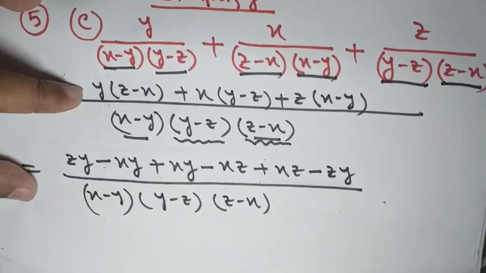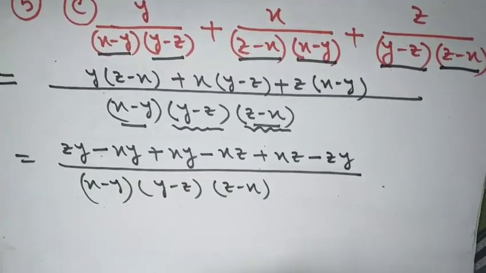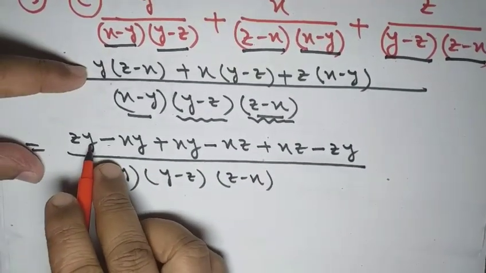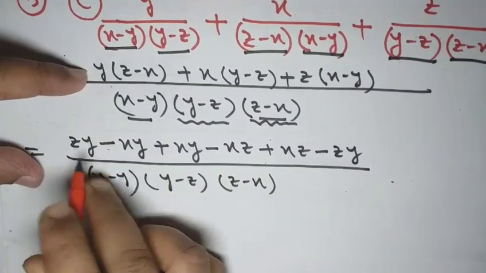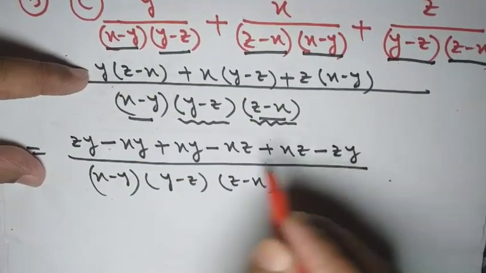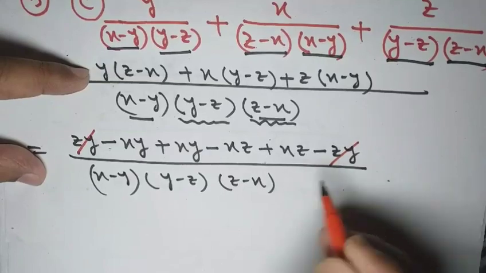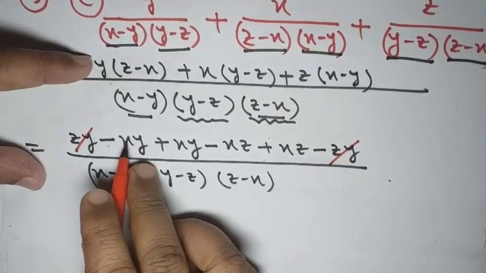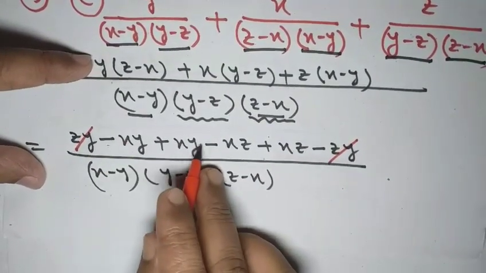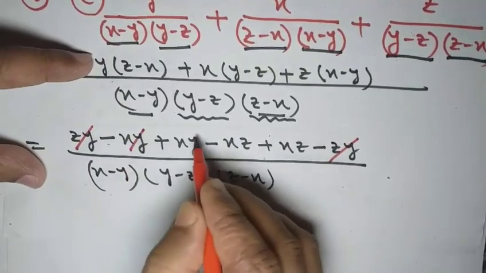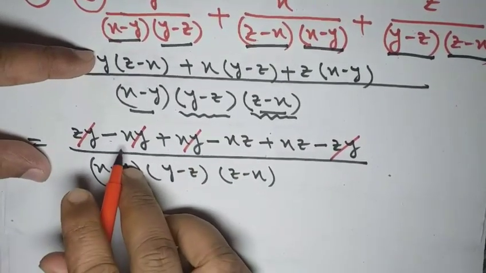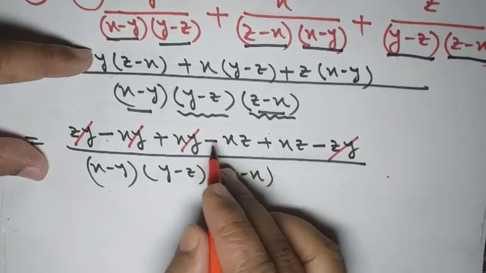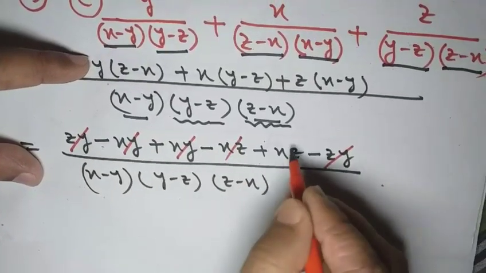Student, we can see zy plus sign and zy minus sign, so we can cut these two zy, and xy minus sign and xy plus sign, we can cut also these two xy, and xz minus sign and xz plus sign, so you can cut.